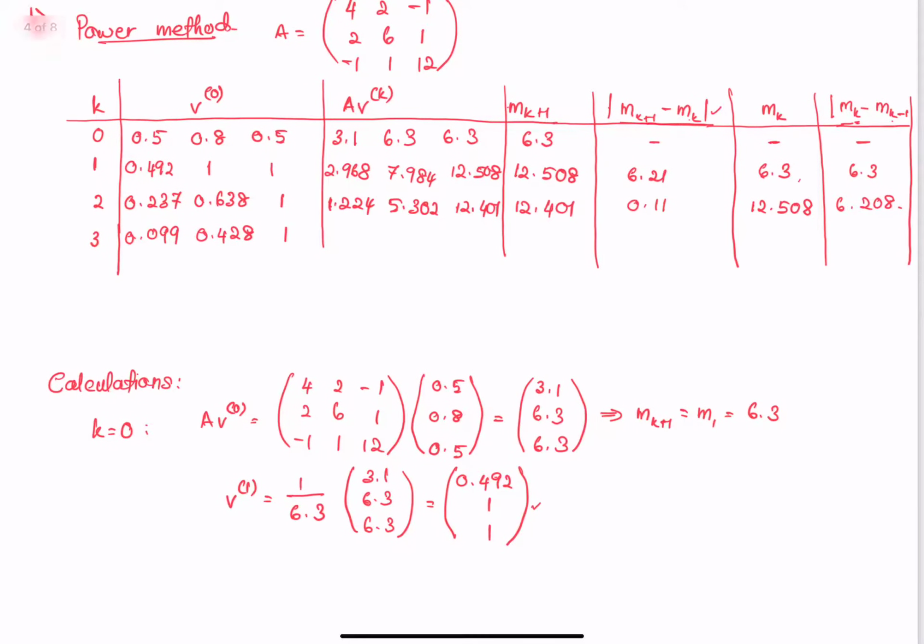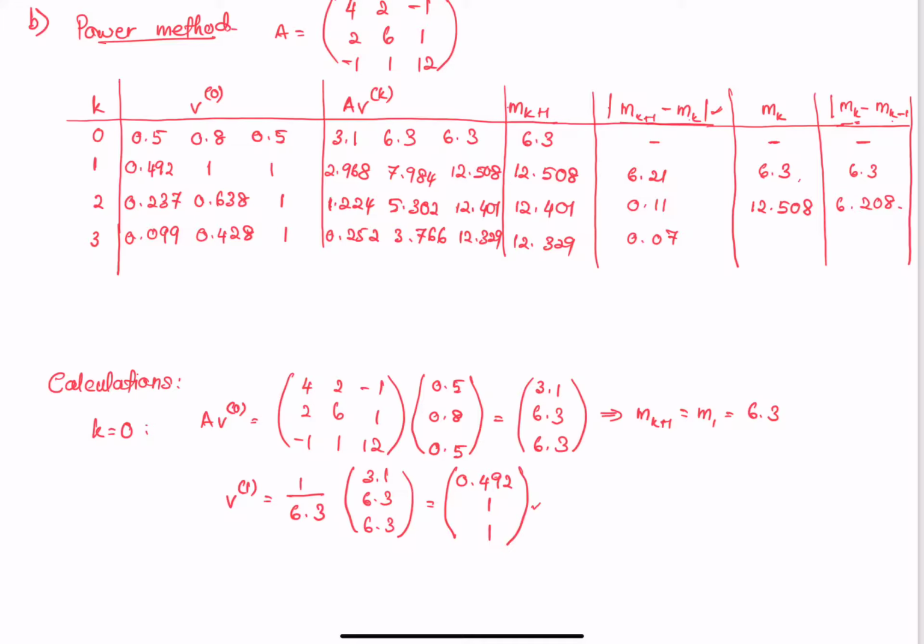We have AV3, we have 0.252, 3.766, 12.329 here. And then our M4 is equal to 12.321. And then if we want to use this stopping criterion, now we get 0.07.